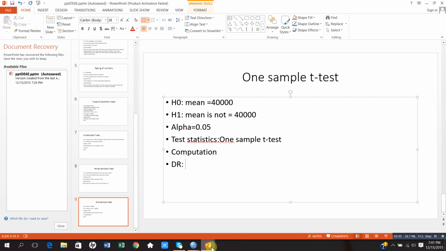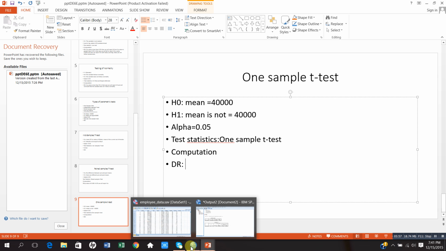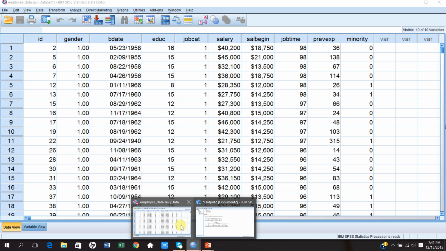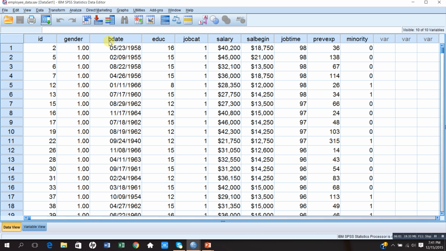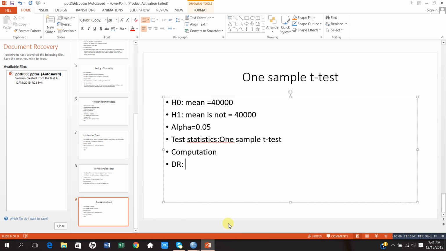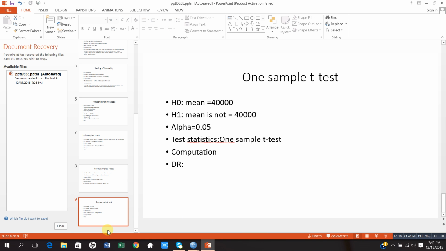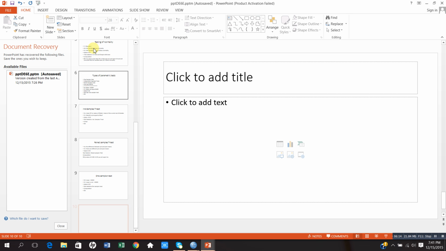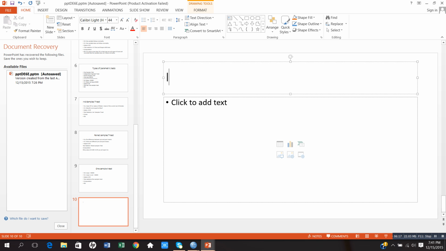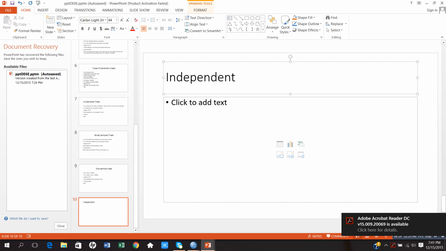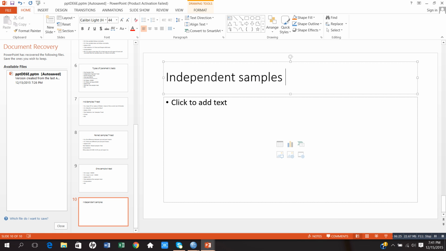Let me go and do the second test, and that would be independent samples t-test. So let me write here independent samples t-test.